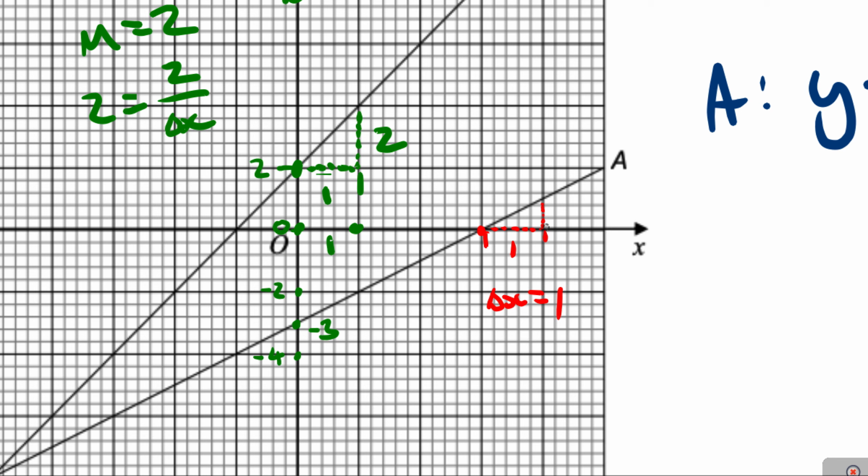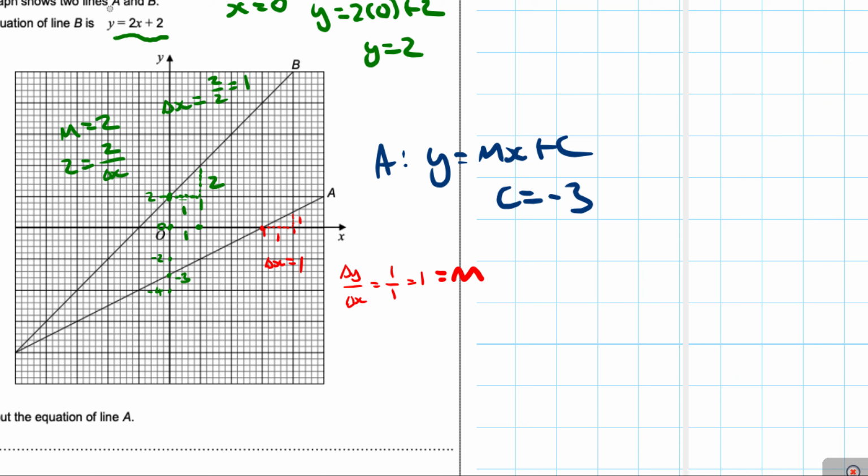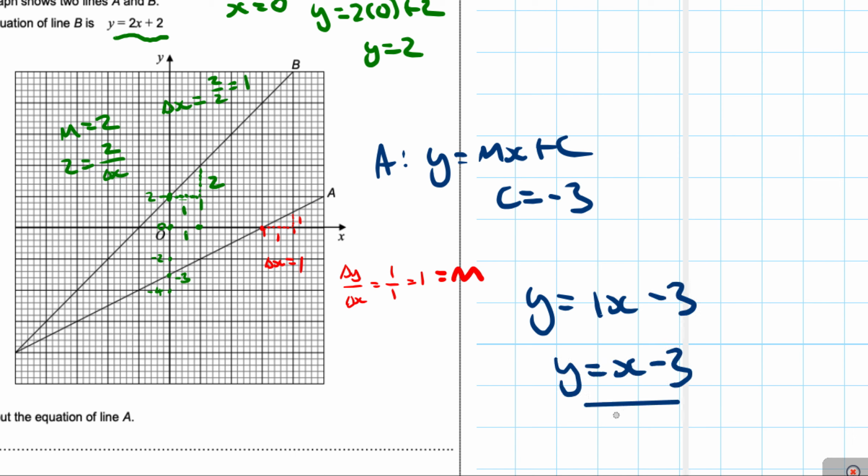And from here to here, it has moved up by 1. So our gradient, change in y over change in x, is equal to 1 over 1, which is equal to 1, which is m, our gradient. So our final answer for this one is y equals 1x minus 3. So y is equal to x minus 3.